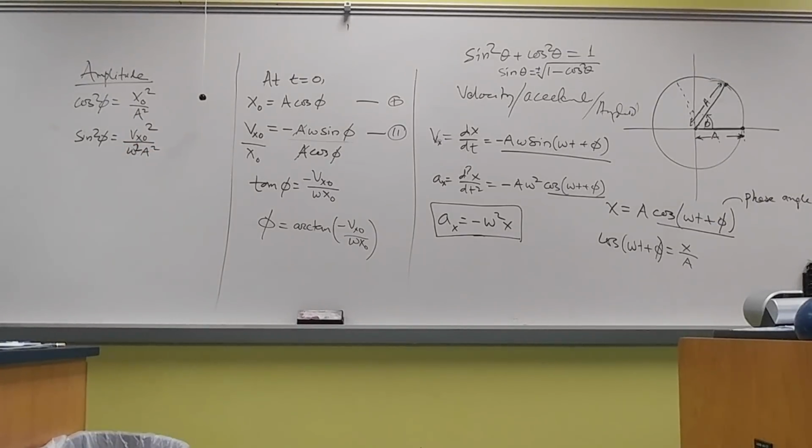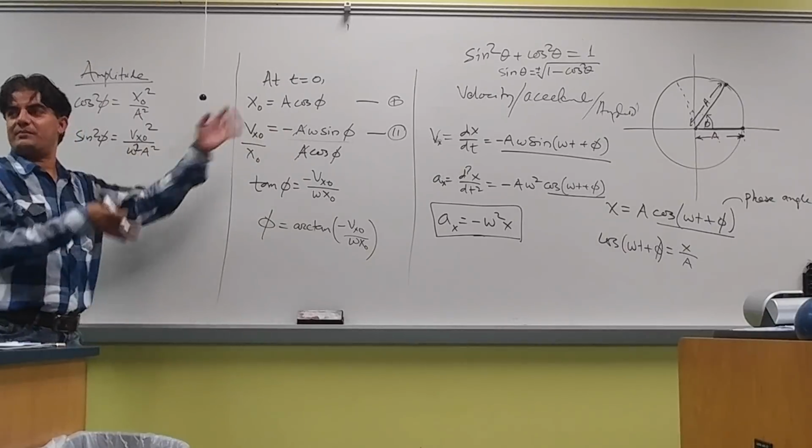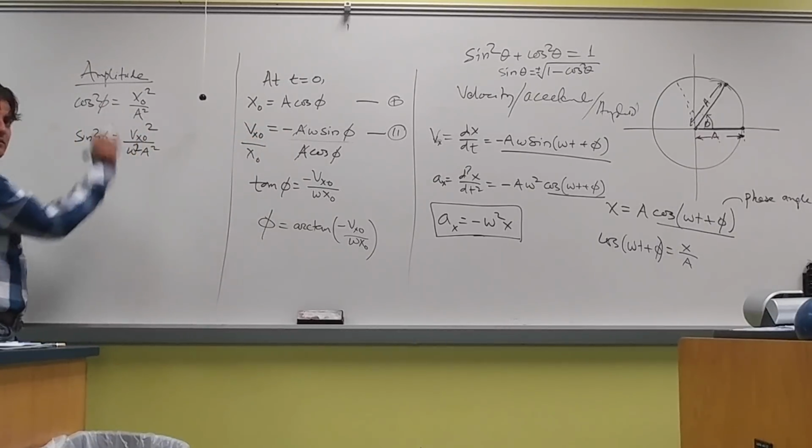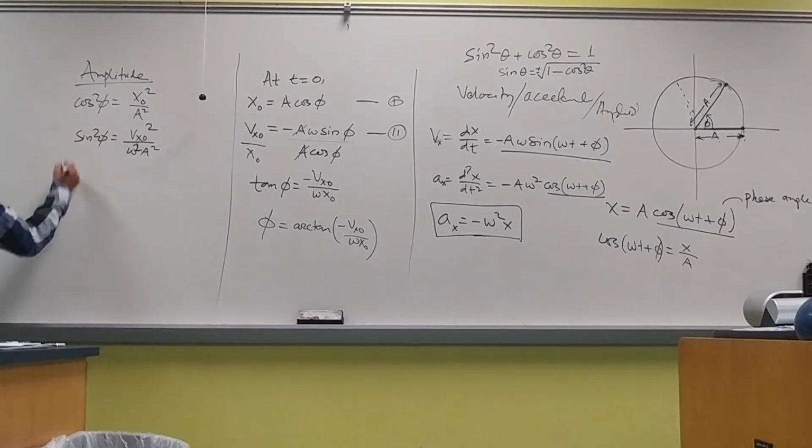Because when you square it, the minus will go away anyway. So now this square plus this square equals 1.